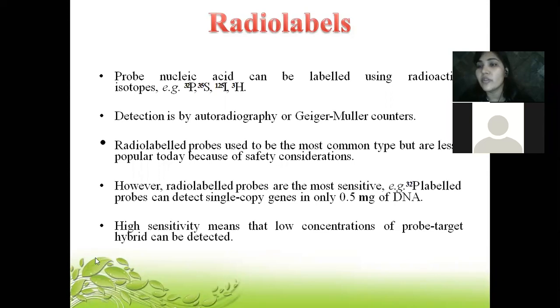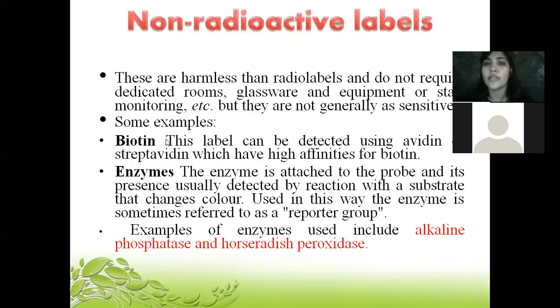So even if hybridization has happened at low concentration, whenever you have a small amount of DNA and hybridization happens in it, and your probe is radio labeled, you can still go ahead and detect whether I have got that particular sequence that I'm looking for with the help of the probe. Okay, so it's a very sensitive method. Radio labeling is a very sensitive method.